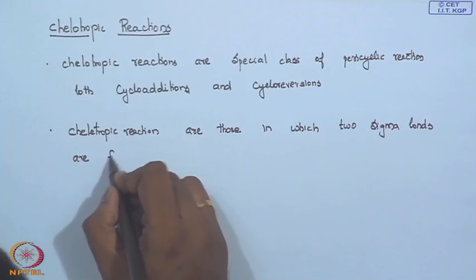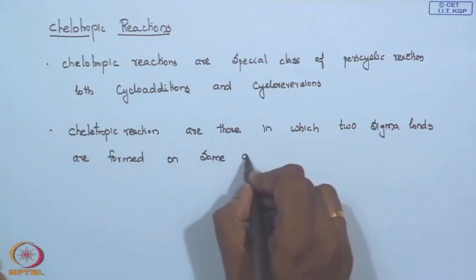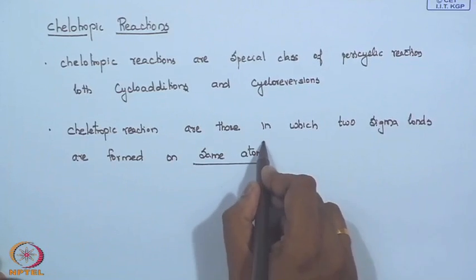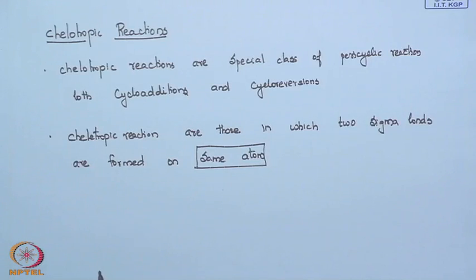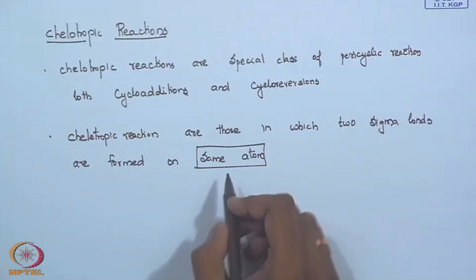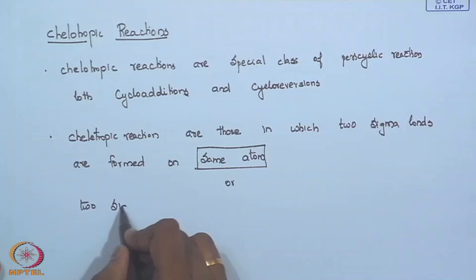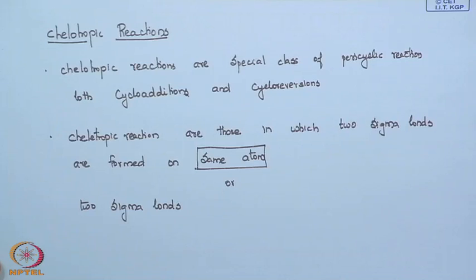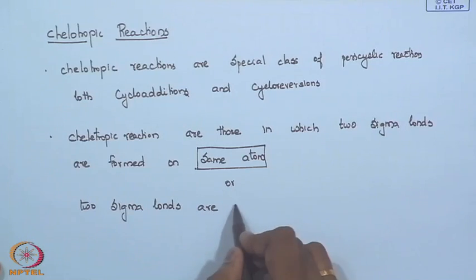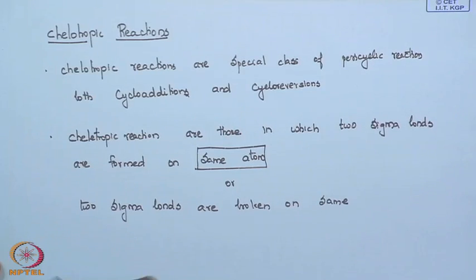Chelotropic reactions are those in which 2 sigma bonds are formed on the same atom. That is more important. It can also be the reactions in which 2 sigma bonds are broken on the same atom.